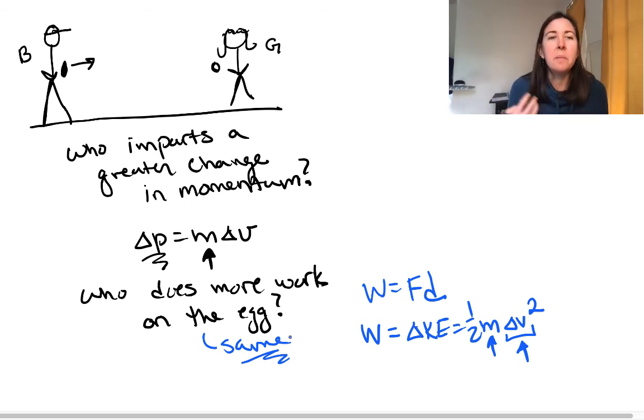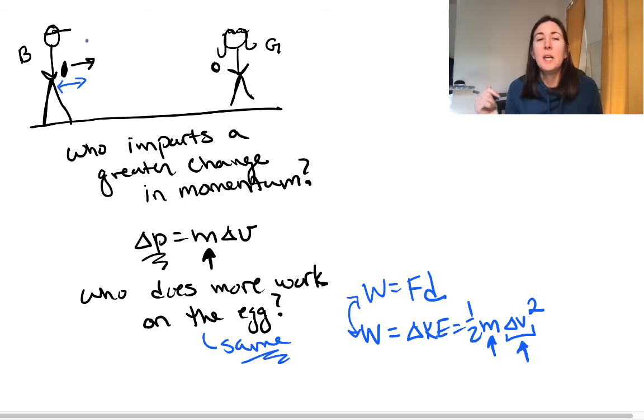And then who imparts a greater force? Like, how do we get that question? There's two ways to know. We can talk about it via work. If we knew the distance that this person's arm traveled during throwing it and the distance that this person's arm traveled while catching it, we might be able to find the force using work.